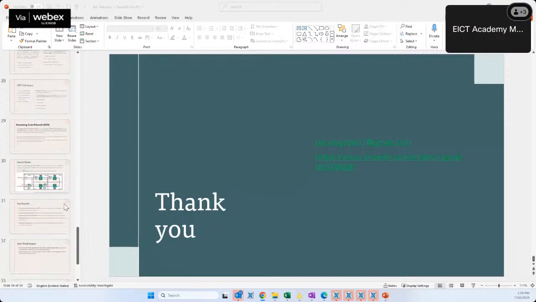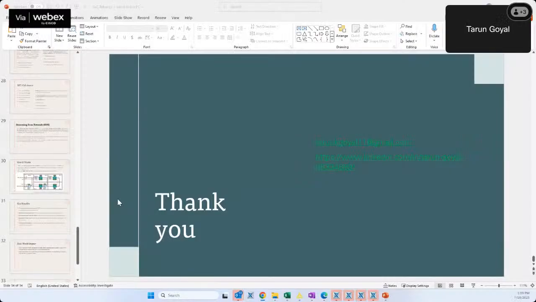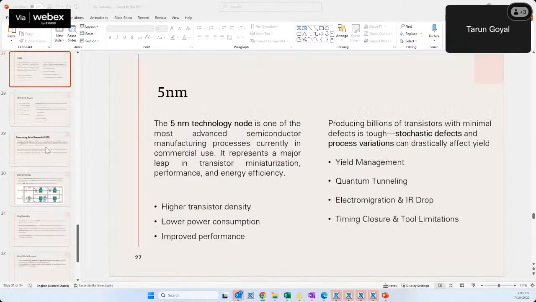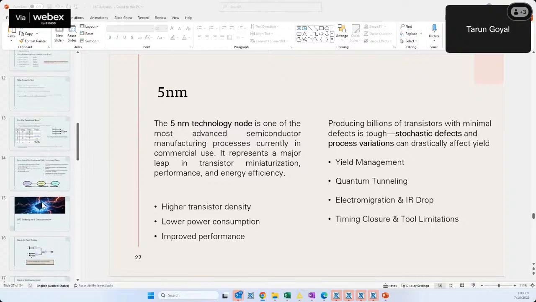Okay, so basically what we are trying to do with cell aware is that we were talking about the transistor level, right?